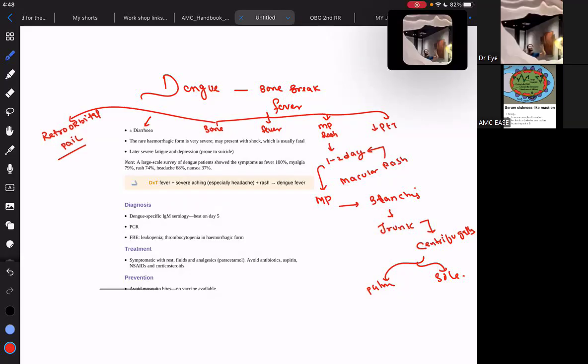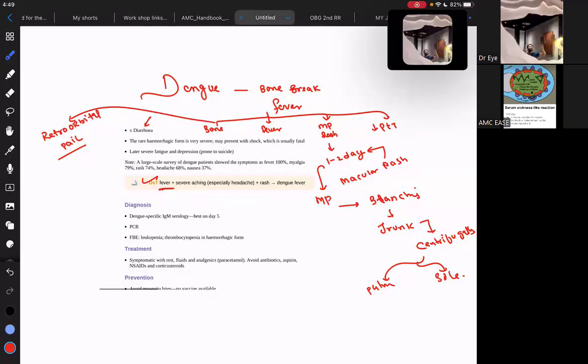Once we investigated the patient, we went for the physical examination. The patient was febrile to touch. We went for all the investigations. The patient had dengue later on. So yeah, I remember this is the triad for the dengue.